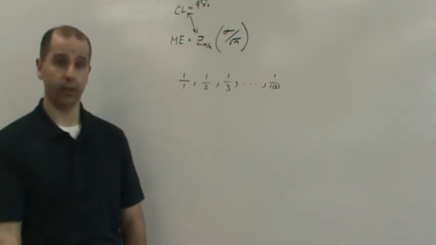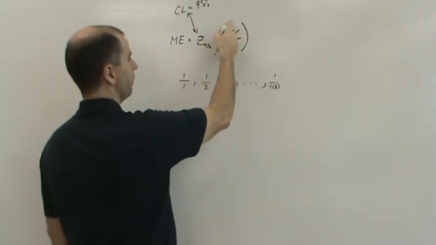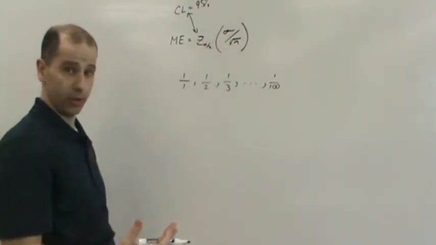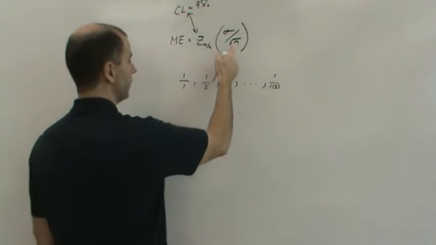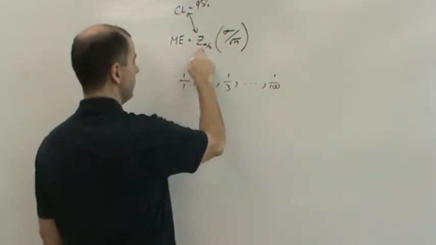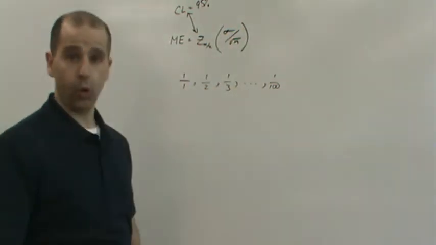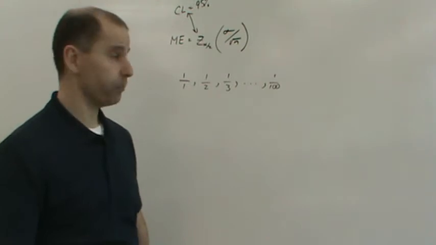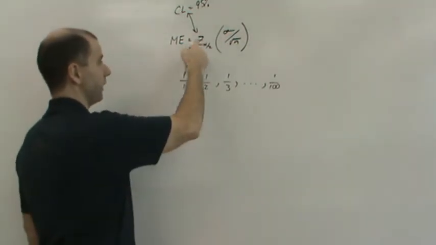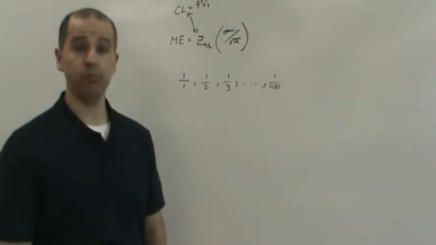It's getting smaller. So as the sample size gets bigger, this fraction is going to get smaller. If this number gets smaller, and this is staying the same, the whole product is going to get smaller, right? So that means the margin of error gets smaller as the sample size gets bigger.